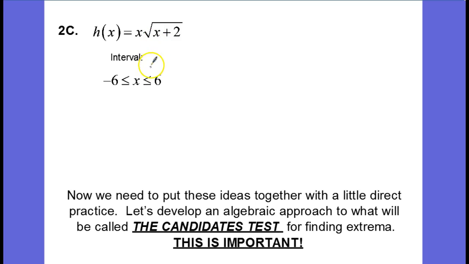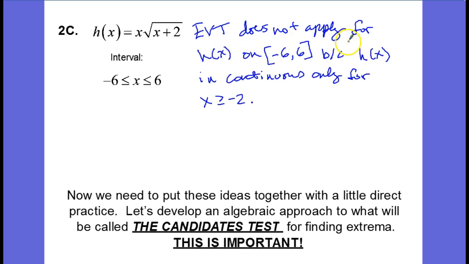And there are numbers on our interval that are less than -2. So -3, for instance, would cause this to become an imaginary number. And so for all values less than x equals -2, this function will cease to exist as a real number. And so we can say that the extreme value theorem does not apply for h of x on the closed interval from -6 to 6 because h of x is continuous only for values of x that are greater than or equal to -2.